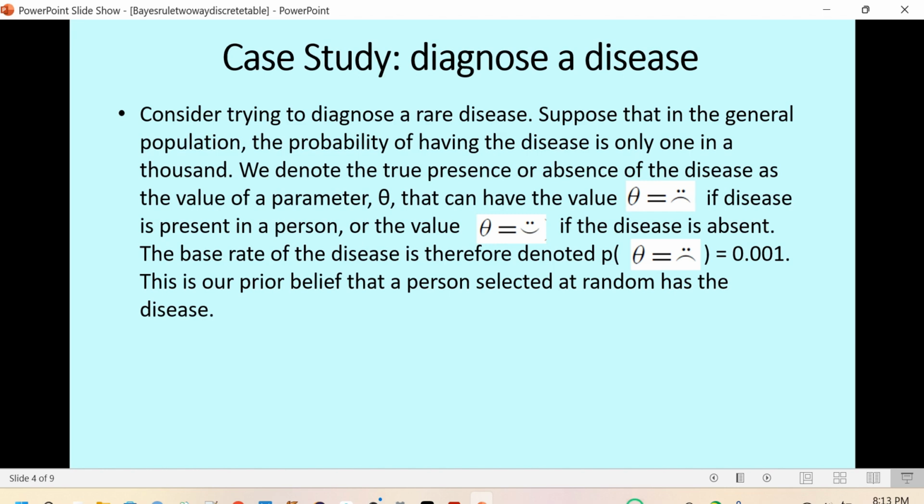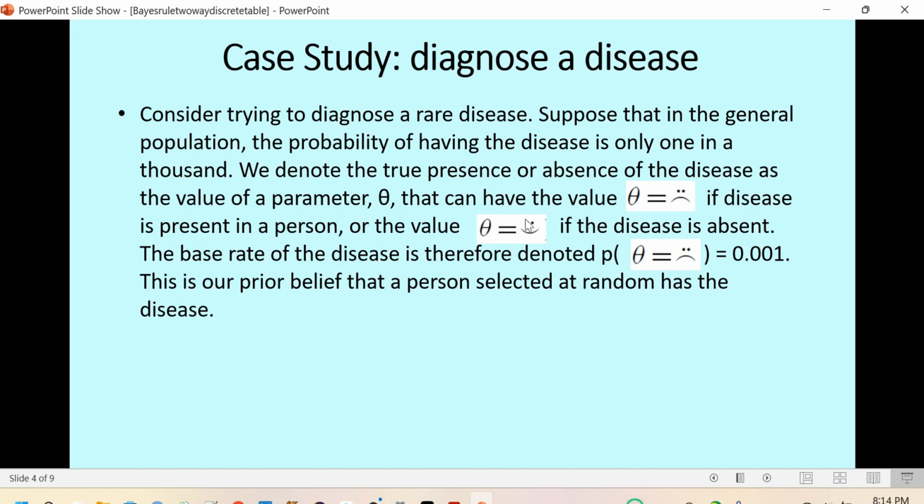We can generally use a prior probability of 0.001. So we denote the true presence or absence of the disease as the value of parameter theta. If theta has this symbol, the disease is present in the person.